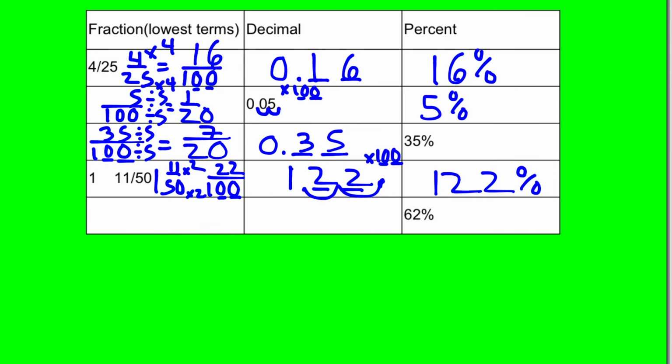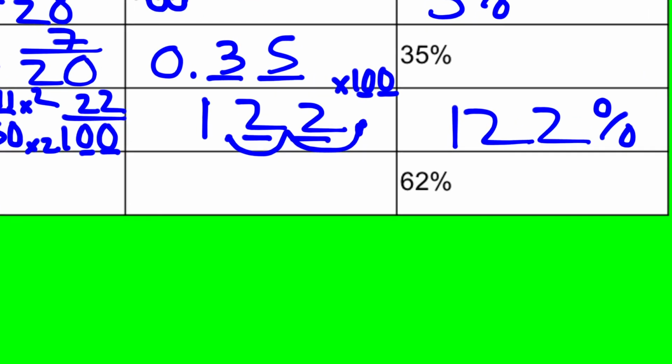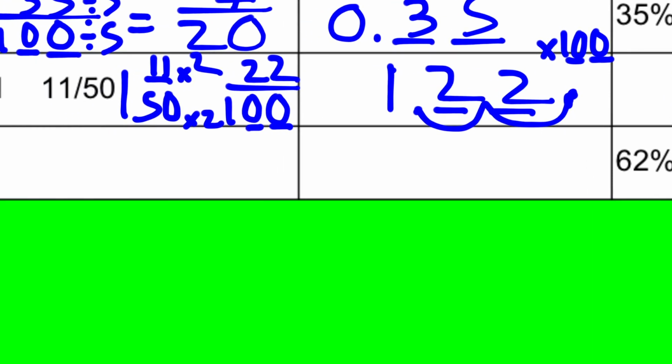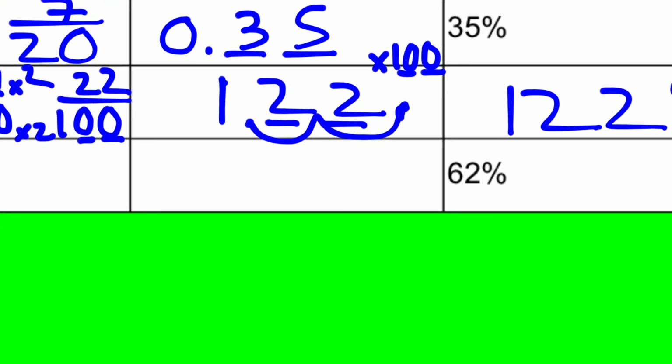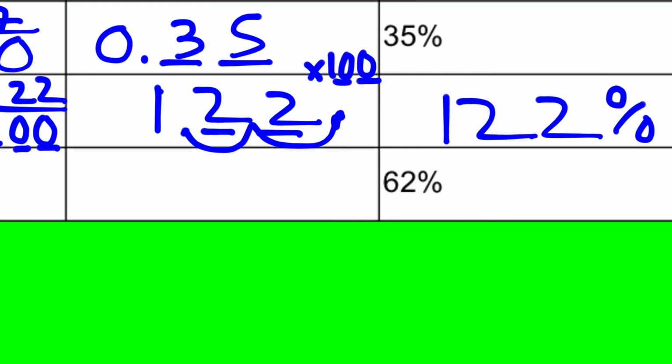And then my last one, starting with a percent, 62%. Well, I might recognize right away. Maybe I'll do it like this. I'll do the decimal first, 62%. I know there's a decimal after the 2, and I can shift it 2 spots to the left. And the decimal will end up in front of the 6.